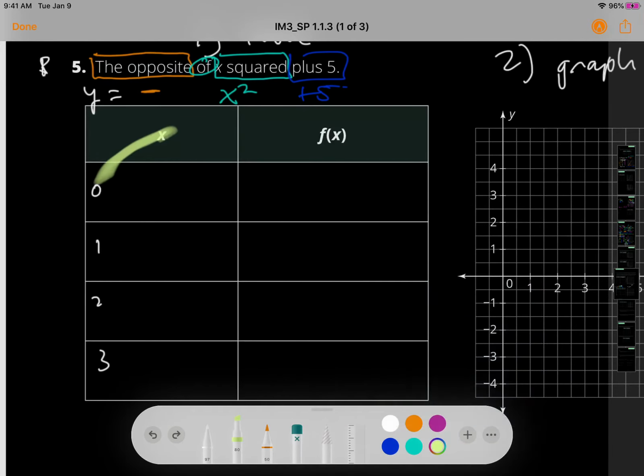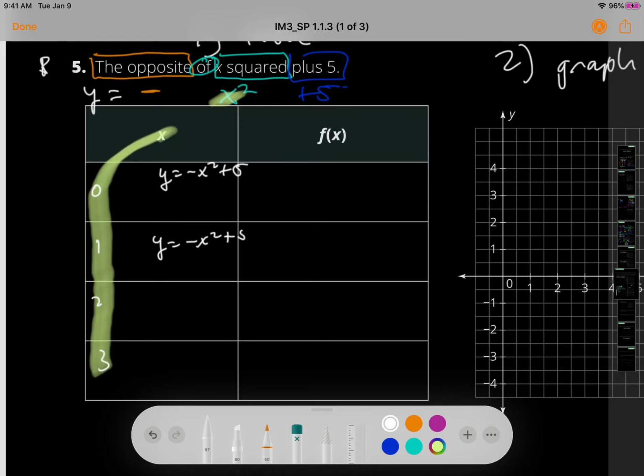All the x values here are going to go into here. Okay, let me show you. Y equals negative x squared plus 5. Let me just write out the problem. And basically, you're going to do this 5 times.